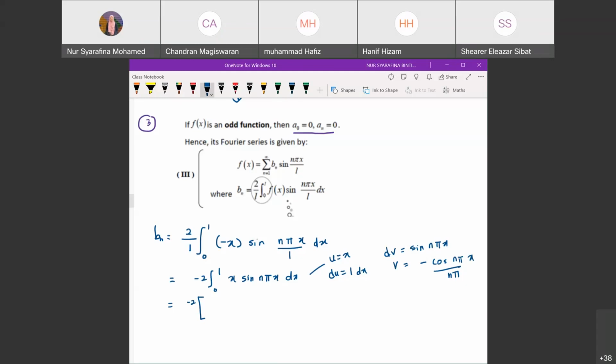So minus x cos n pi x over n pi. Okay. Minus integrate v du.